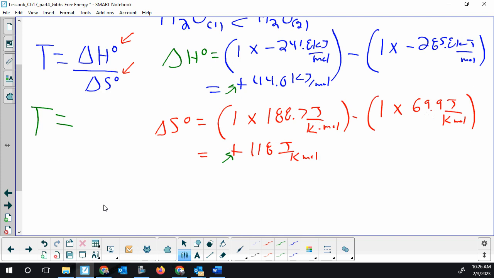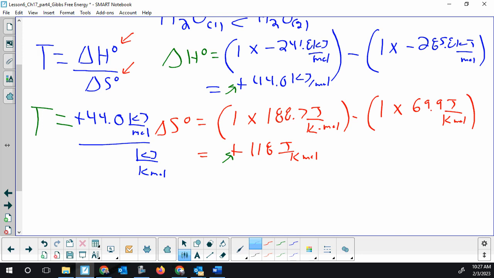We've got to watch our units because we have joules in one circumstance and kilojoules in the other. So we have a positive 44.0 kilojoules per mole for our enthalpy change. For our entropy, we've got joules, so I'm going to turn the joules into kilojoules per Kelvin per mole.